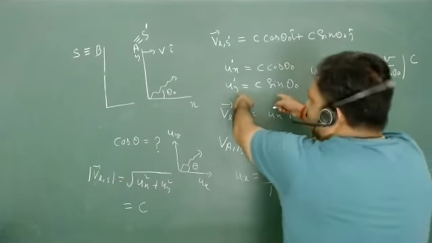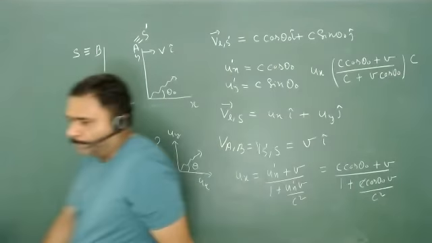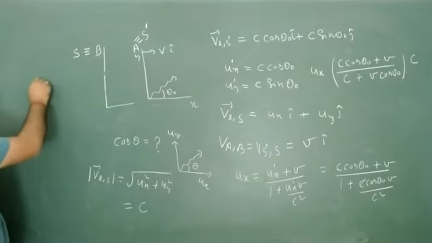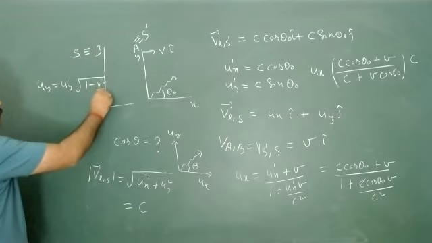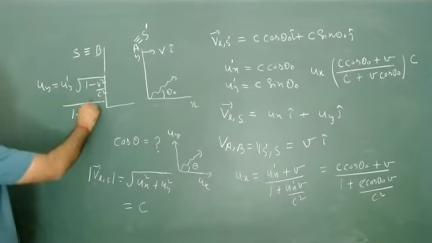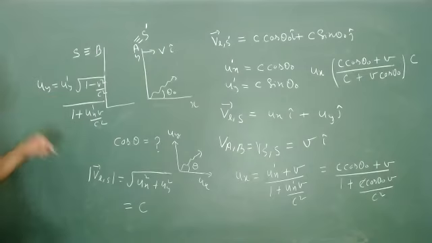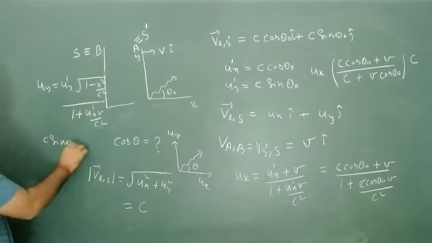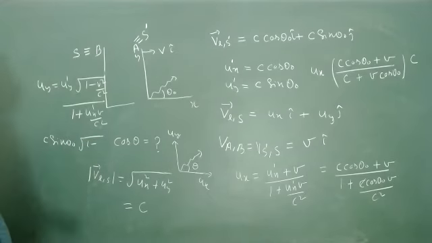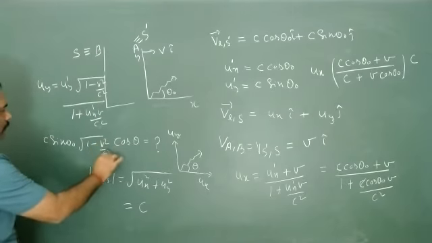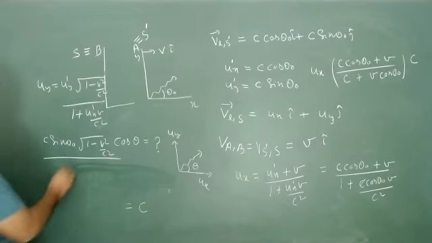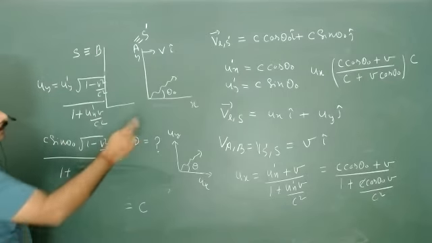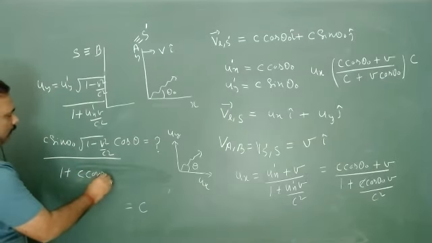Similarly, I can transform Uy dash. So what will be my Uy? You can write Uy as Uy dash root under 1 minus v square upon c square, upon 1 plus Ux dash v upon c square. And Uy dash is C sine theta naught, with root under 1 minus v square upon c square, upon 1 plus Ux dash v upon c square, where Ux dash is C cos theta naught.